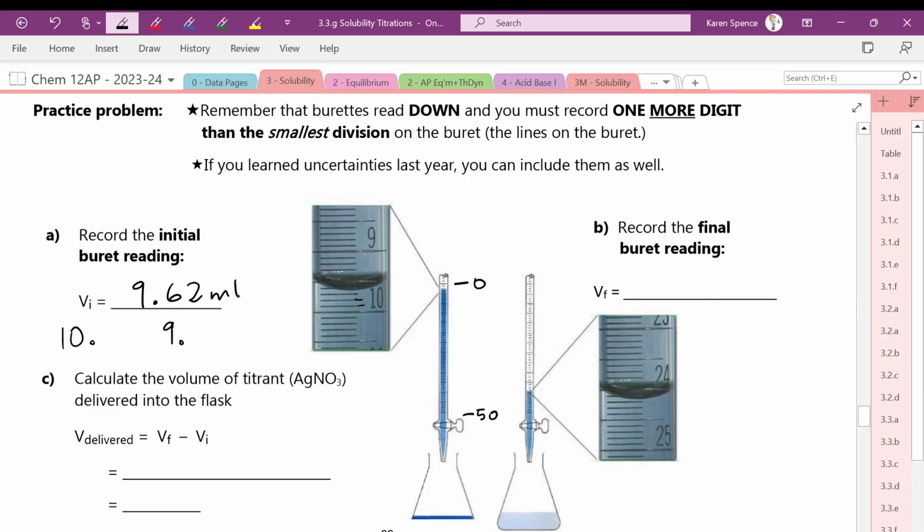Units. Milliliters. I'm going to make it 24.12 to make my math easier. It could be, or it could be 24.15. Actually, that wouldn't be bad either.